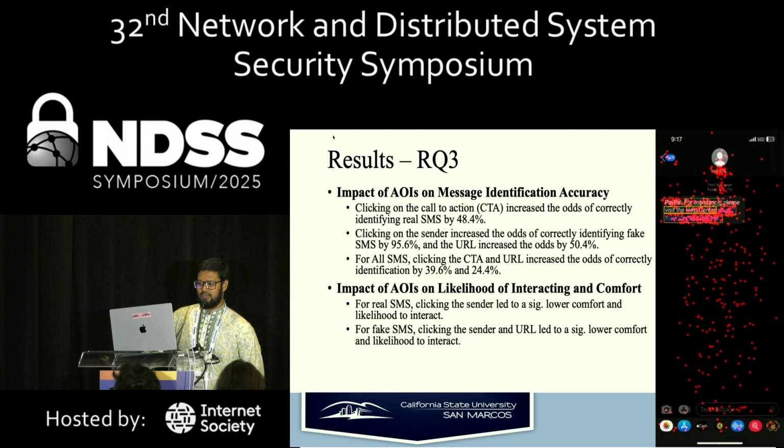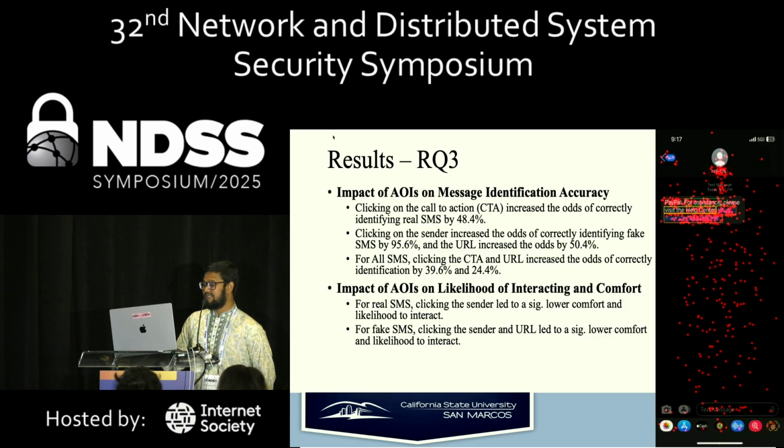The third one, we basically ask them to point out the comfort level, what is the area. So you see that we have the sender, call to action, the content, or the URL, several areas in the SMS. We found that clicking on the call to action increased the odds of correctly identifying real SMS by 48%.